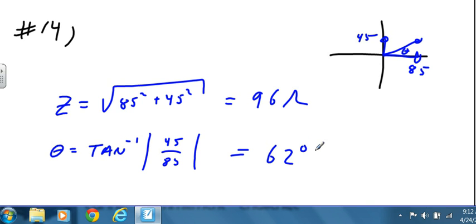I will do it again: 85 plus 45 times I. All right, the 96 stays the same, but the angle is 28 degrees. That's better. It probably would have been better if I just did the math and didn't use my calculator.